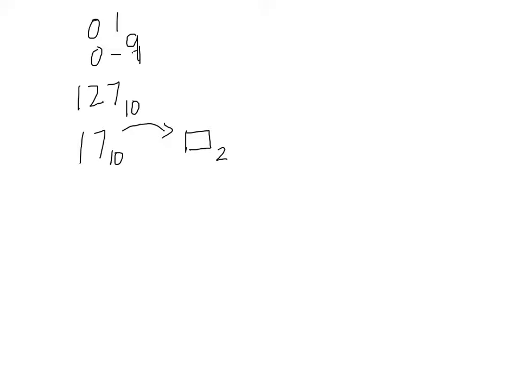You start dividing the number which is in base 10 by the new base, which is base 2, and collect all the remainders. And then you start writing the number in the new system, starting from the last remainder to the first one. So let's do a couple of examples to see how simple this process is.